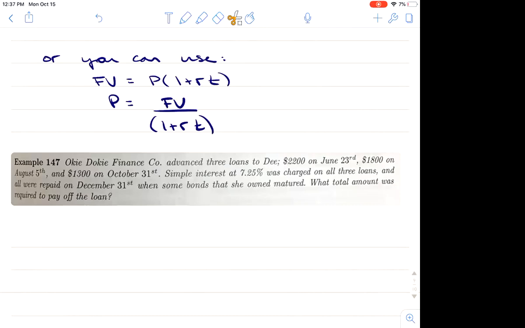And so simple interest on all 3 loans, and all were repaid on December 31st. When some bonds that she owed returned. Like that, we have to justify how she's paying it off. She robbed the bank, paid it off. So what total amount was required to pay off the loan?